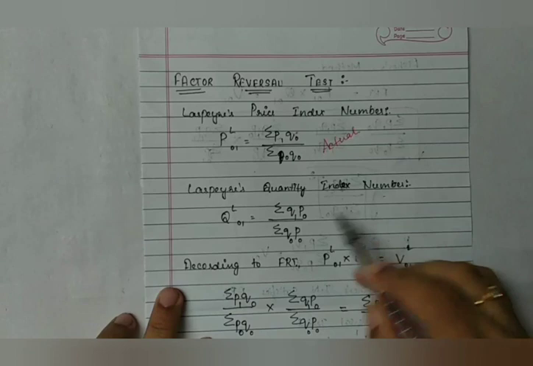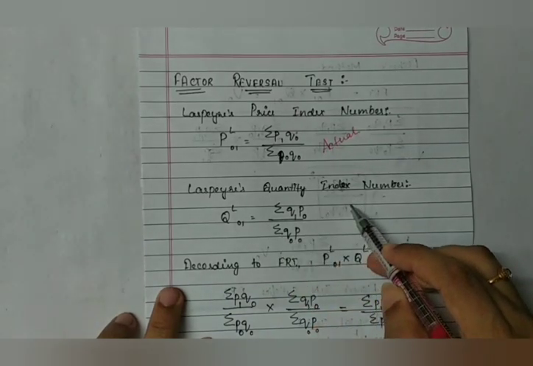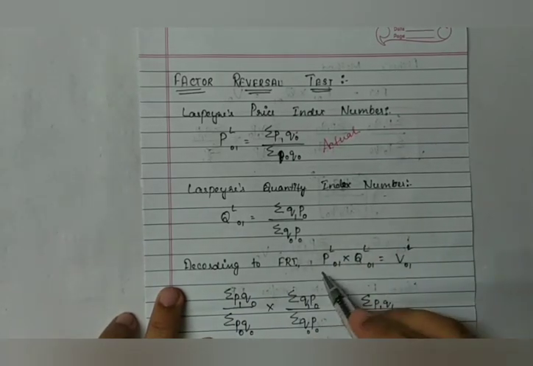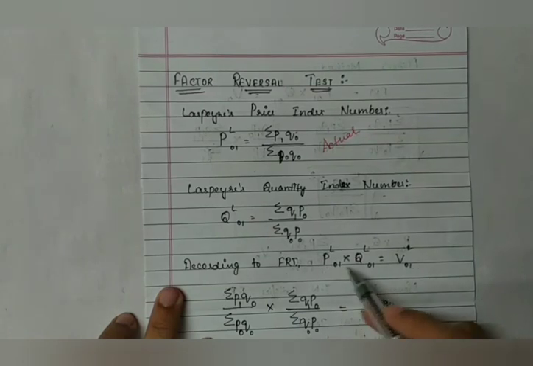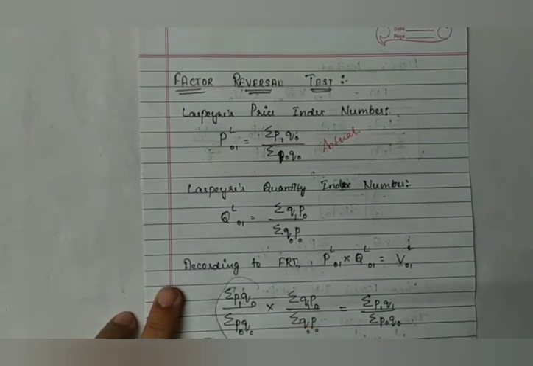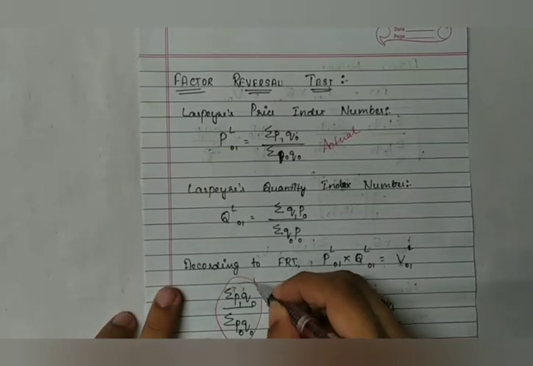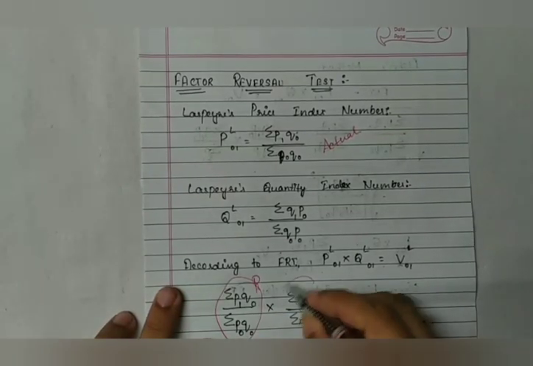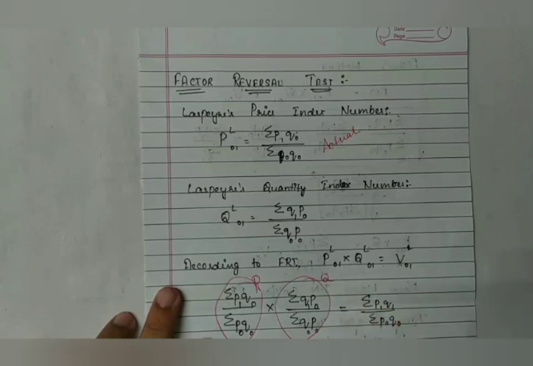So this is a formula for Laspeyres quantity index number. Our FRT is, when price and quantity are multiplied, the answer should be value index number. So this is our price P and this is our quantity.